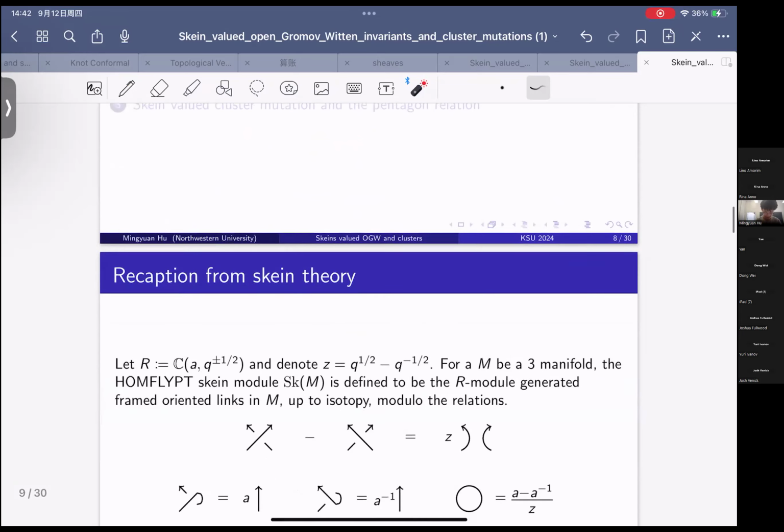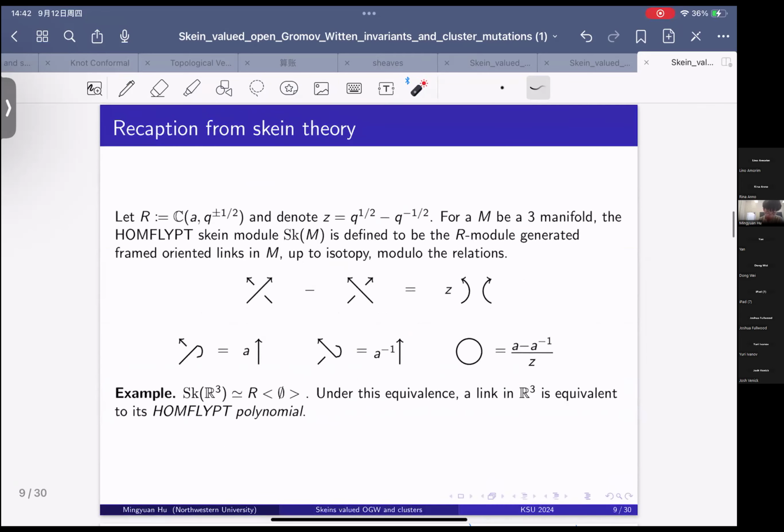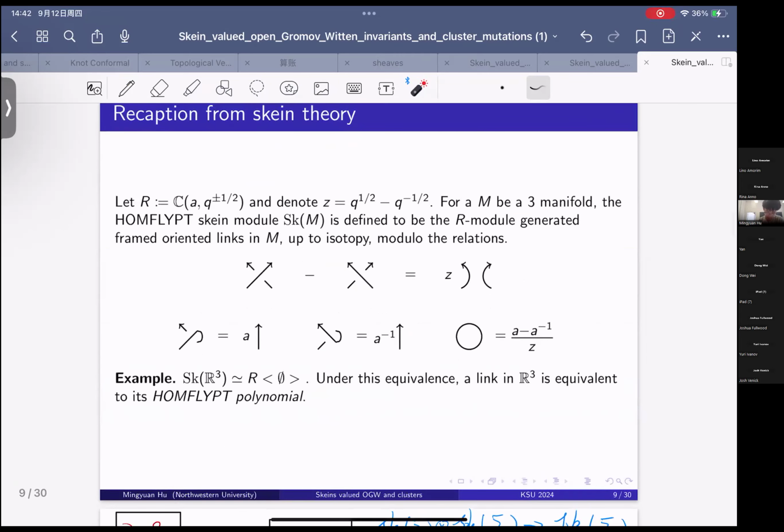So let's recall some definitions from skein theory. Throughout this talk, we are going to denote by R this ring. Actually, this is a field here. We work over the complex field with two formal variables.